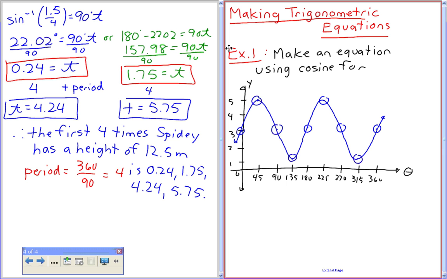So if you're looking for what the points are, there's a point at 0 and 3, 45 and 5, 90 and 3, 135 and 1, 180 and 3, 225 and 5, 270 and 3, 315 and 1, and 360 and 3. Okay, so in this case, it's just a general equation, but we'll get to examples that actually involve real-life scenarios, and that's the idea. We're going to make an equation for this right now.